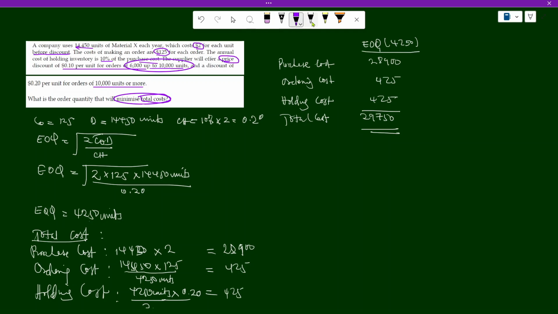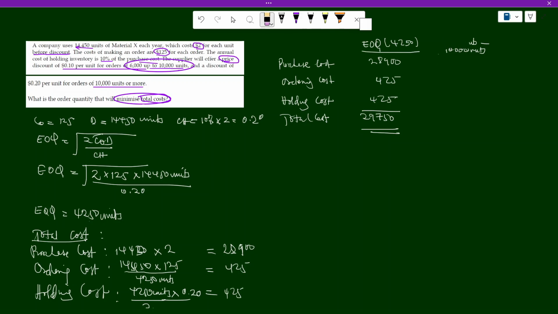So let's look at that unit. Orders of 6,000 units and above, 6,000 units to 10,000 units.